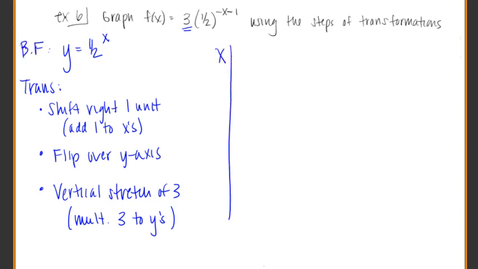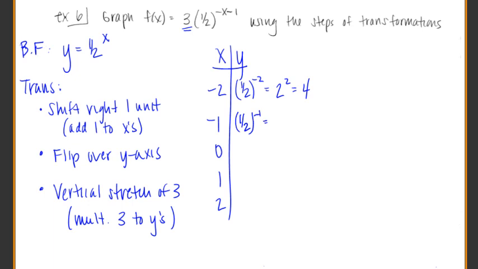X's and y's. Again, domains are real numbers, so I'm just going to do the typical -2, -1, 0, 1, and 2. So 1/2 to the -2. To make that exponent positive, we're going to flip that base. So 2 squared is 4. 1/2 to the -1, so 2 to the +1, which is 2. 1/2 to the 0, anything to the 0 power is 1.